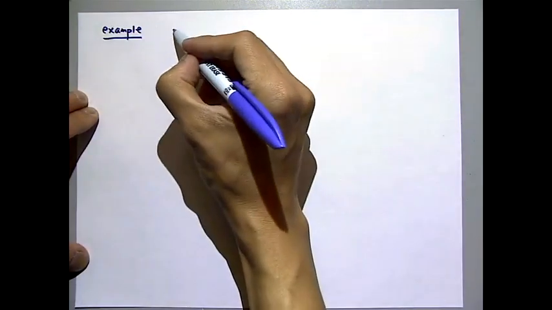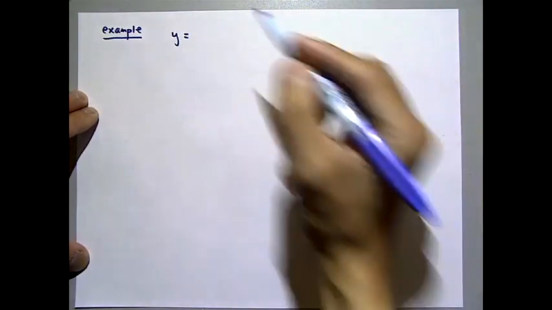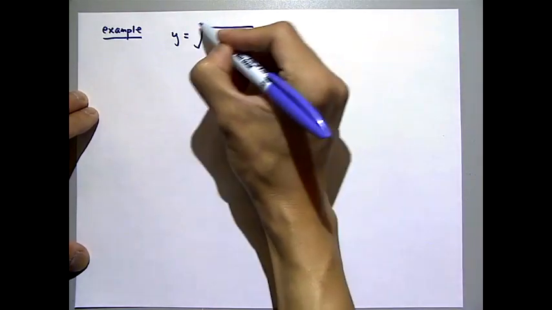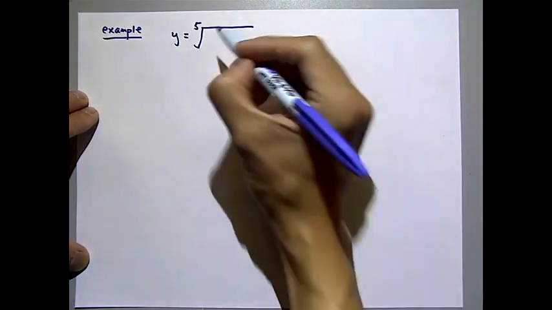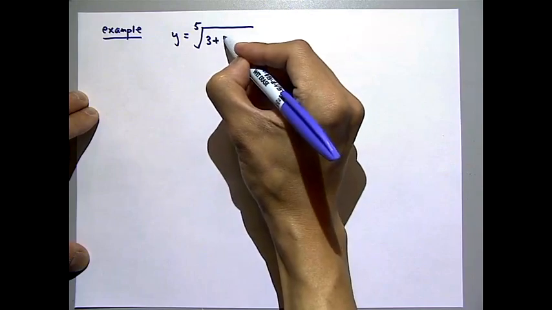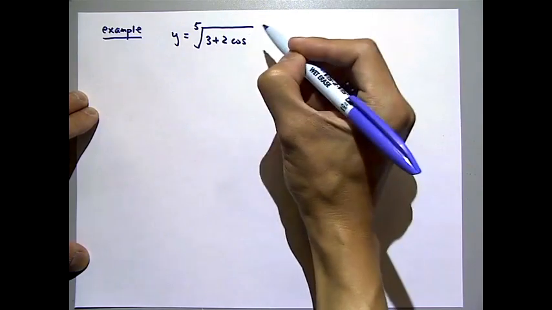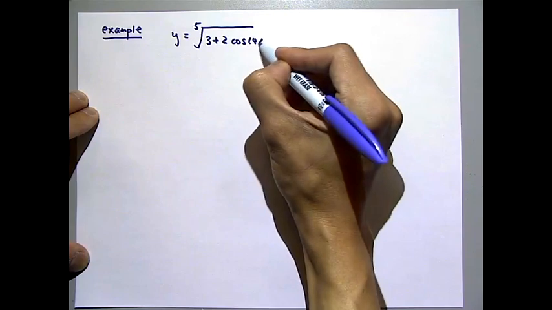First one we'll look at is y is equal to the fifth root of 3 plus 2 cosine of 4x.